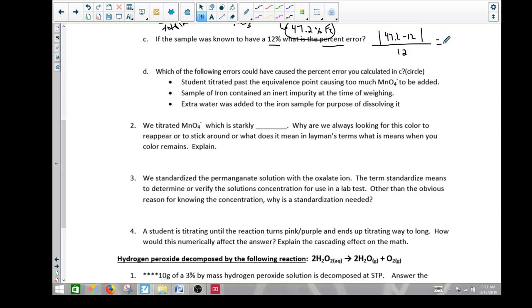We could also do the same thing with the actual mass itself. It might vary some, but 47 minus 12 equals 35.2% difference. So the size of the difference divided by the actual size of the number. So we have a significant size error here relative to the size of the number.